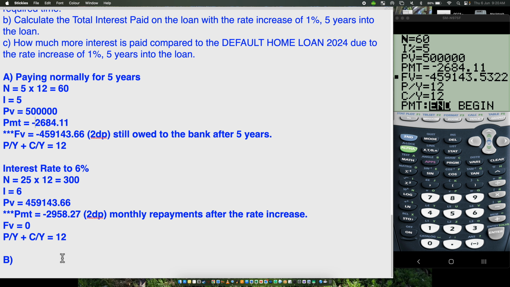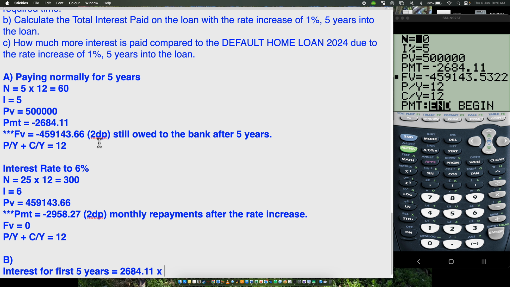Can I work out the total interest paid in just one calculation? Or are there two sections to this loan? There's two sections. There's this part, paying normally for 5 years, and then there's this part, paying at the higher rate. So interest for the first 5 years is going to be PMT, which was $2,684.11.